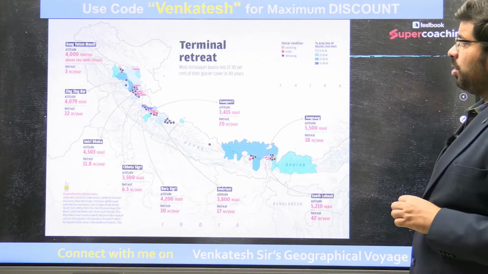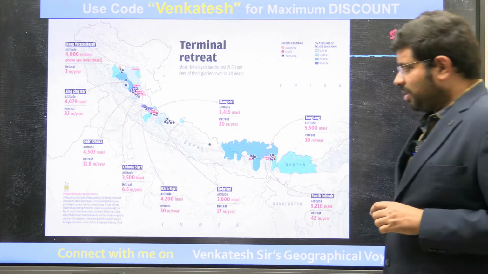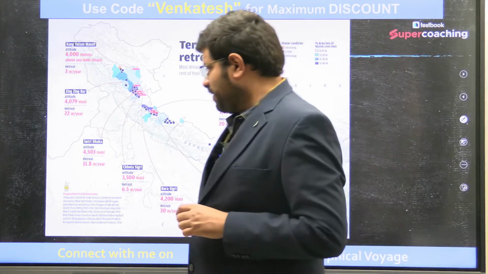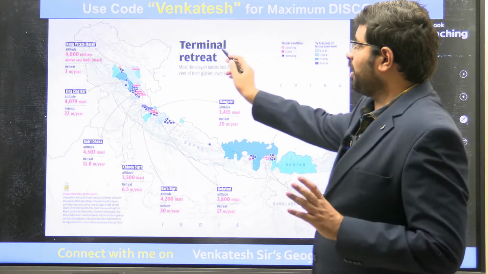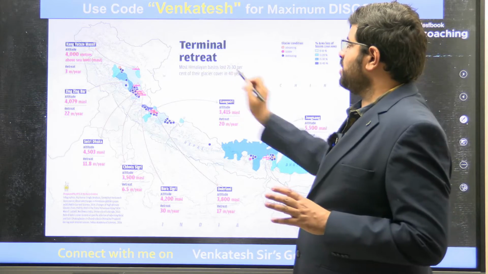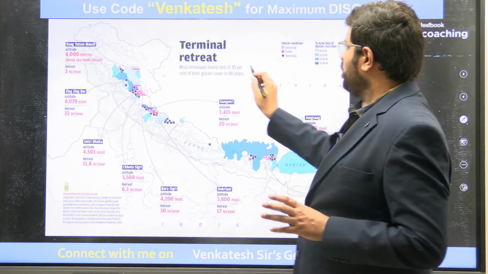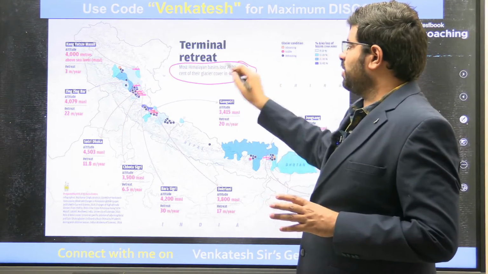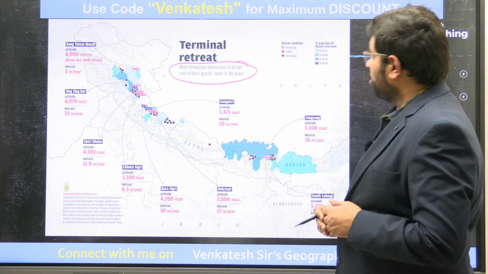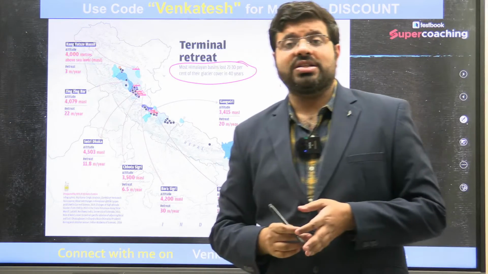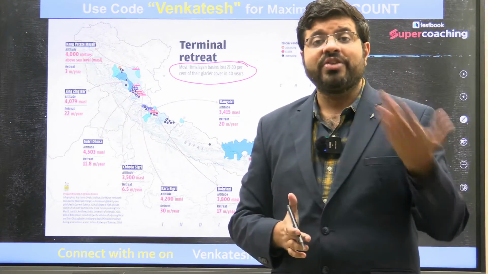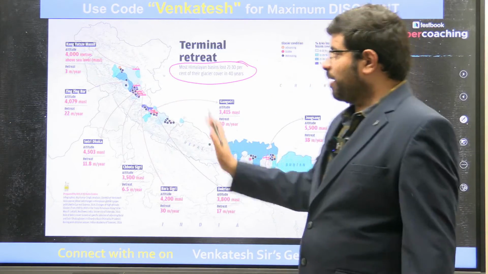You see this article. This article is taken from the Down to Earth magazine, where they are identifying the terminal retreat. Most Himalayan basins lost 21 to 30% of their glacier cover in 40 years. So they are talking about how glacial retreat, that is the melting of glaciers, is happening because of climate change, and which glaciers are in the news.